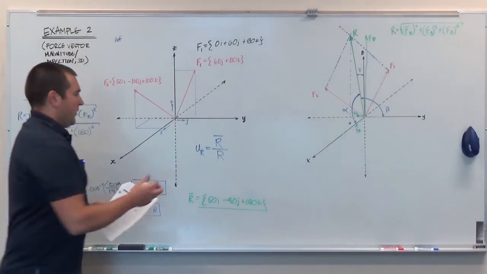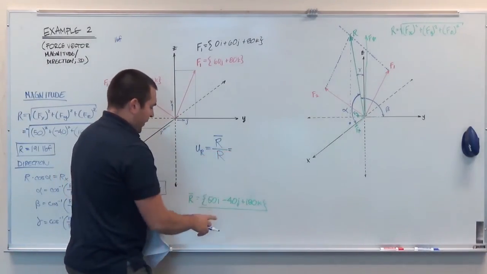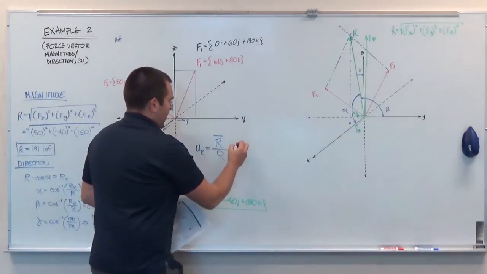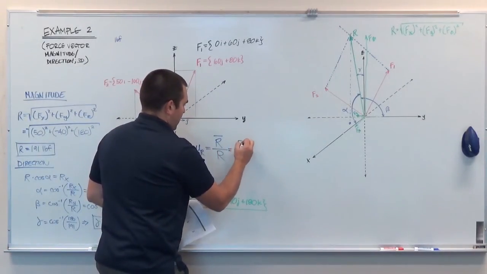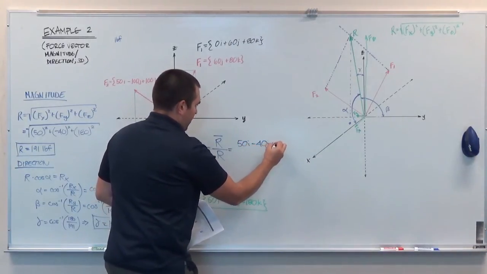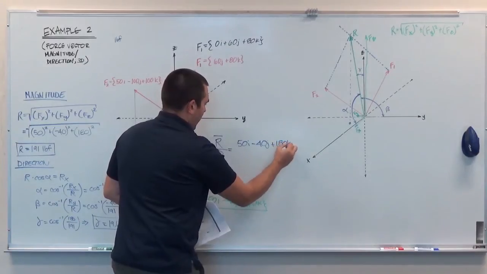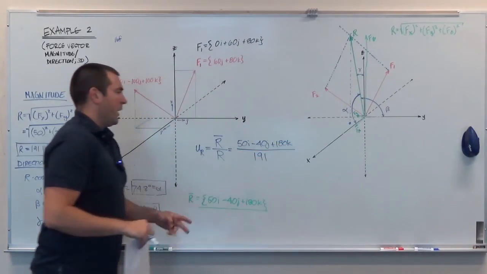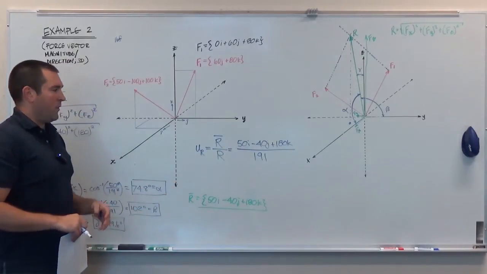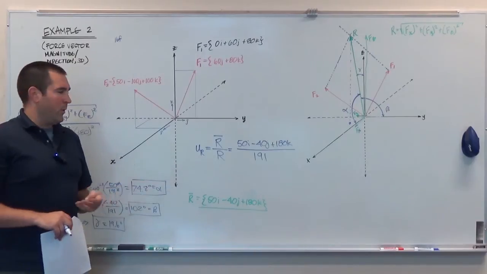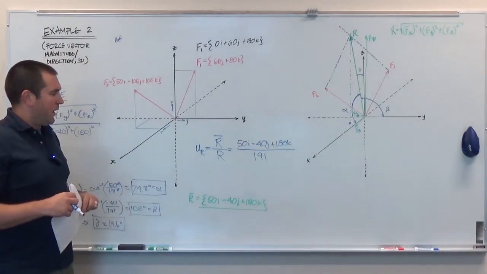All right, so in other words, all that I'm doing here is I'm taking this, dividing it by 191. So I'll get 50i minus 40j plus 180k, and I'm dividing the entire thing by 191. Okay, so dividing by a scalar is the same thing as multiplying times 1 divided by the scalar, right? This is the inverse of multiplication.